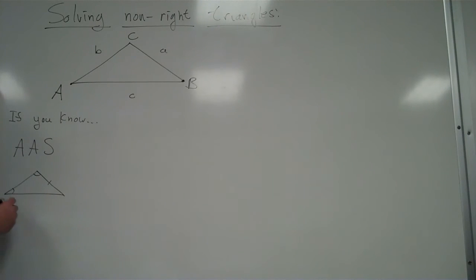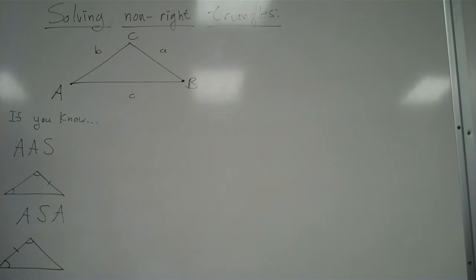If the pieces of information you know are an angle, a side, and an angle, like let's say you know this angle, this side, and this angle, you'd also use the law of sines, which again I'll present in a sec.